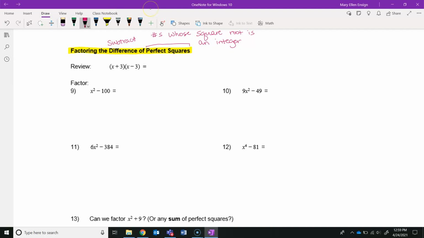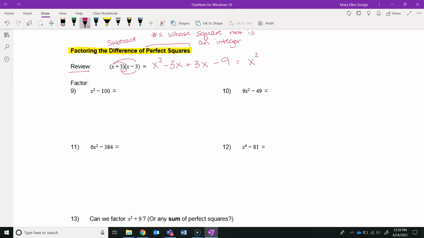So we want to know what these look like so we can identify them. Okay, so let's first put that thought aside for a second. Let's start out by reviewing, like we have been, by multiplying two things. So I have two binomials here, x plus 3 and x minus 3. And I'm going to start out by multiplying these. So x times x is x squared, minus 3x plus 3x. 3 times -3 is -9. Now I'm going to combine like terms.